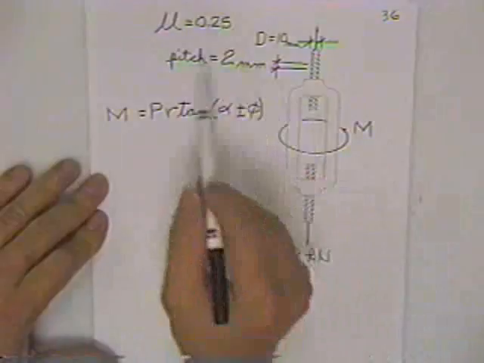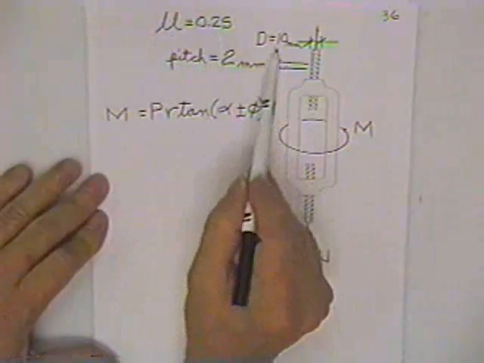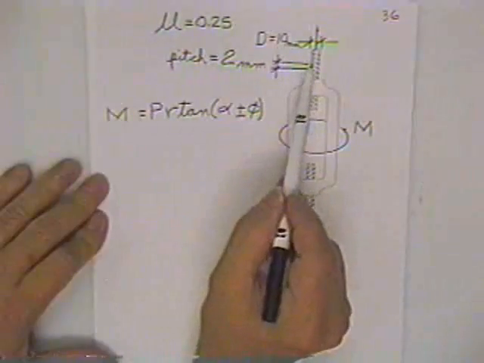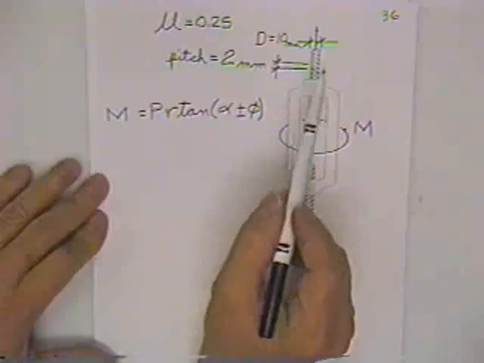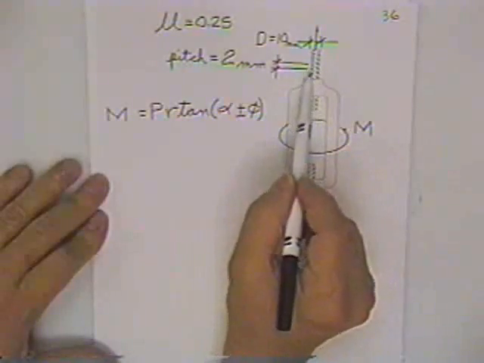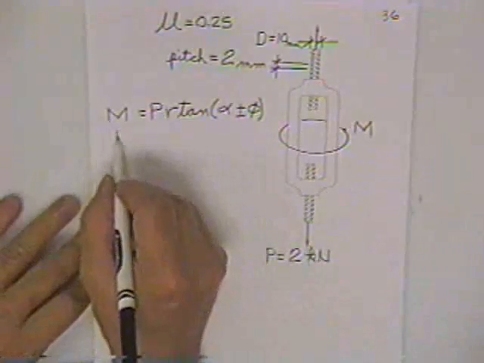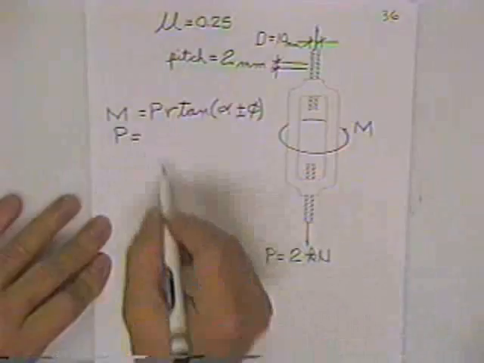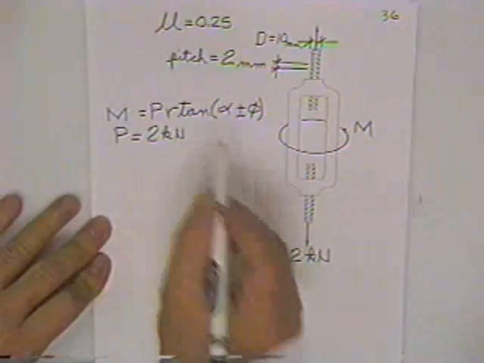In our case, the coefficient of friction in the device is 0.25. It is a 10 millimeter diameter rod. The pitch of the threads is 2 millimeters. That's the distance between any two threads. So for us, the load P would equal 2 kilonewtons.